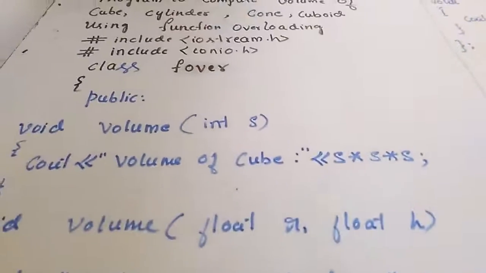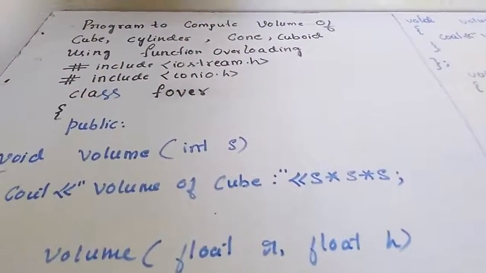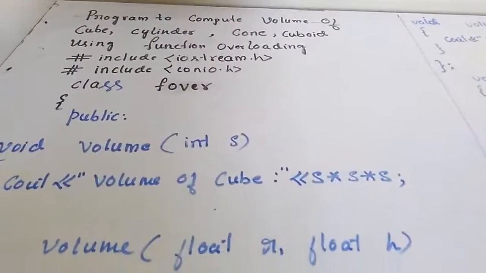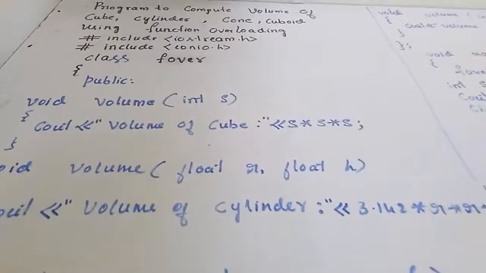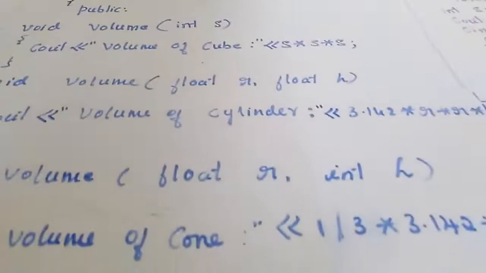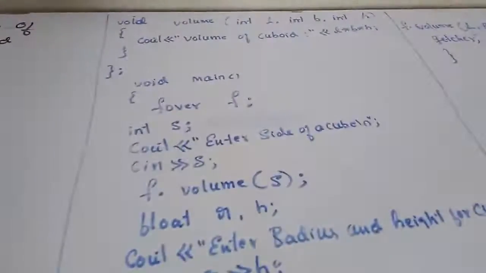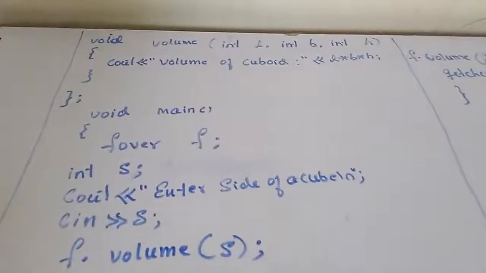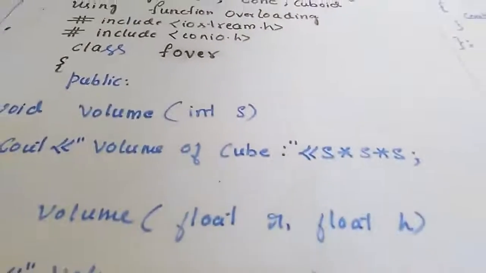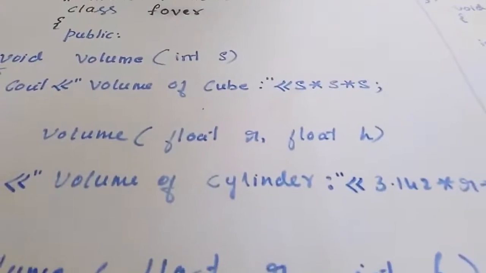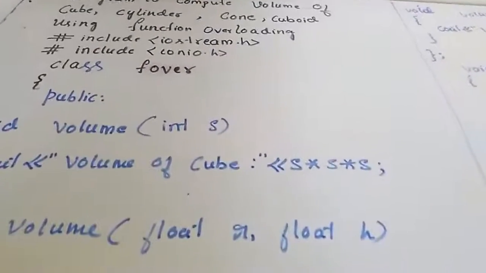So the first function has to calculate volume of cube, the second volume function, volume of cylinder, this function, volume of cone, and this one, volume of cuboid. All functions are performing same kind of operation, so the name is volume.